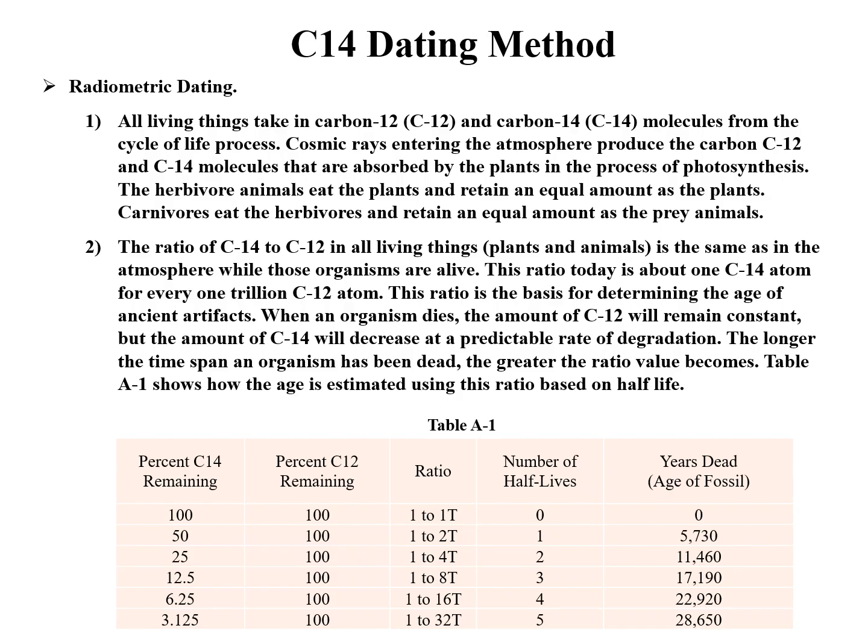All living things take in carbon-12, which is C12, and carbon-14, C14 molecules from the cycle of life process. So cosmic rays entering the atmosphere produce the carbon-12 and the carbon-14 molecules that are absorbed by the plants in the process of photosynthesis.